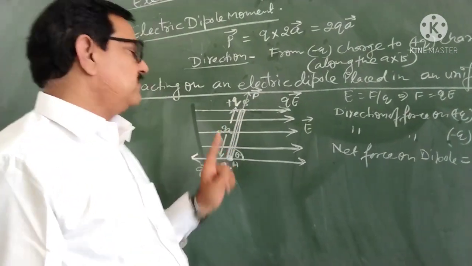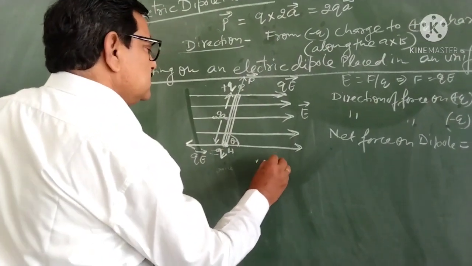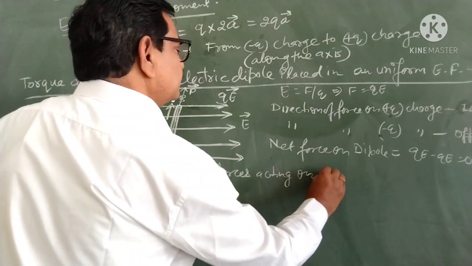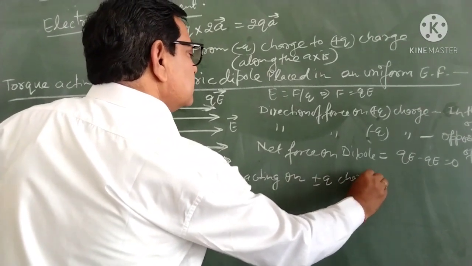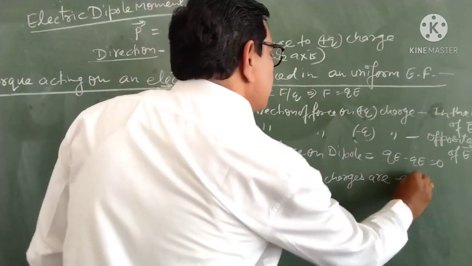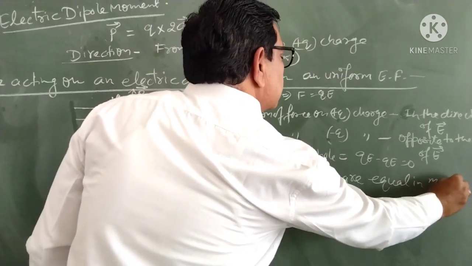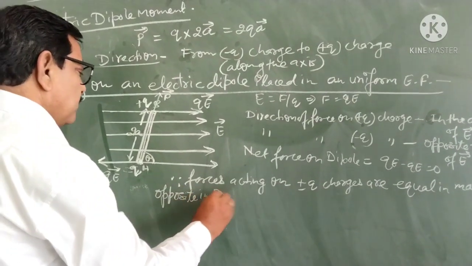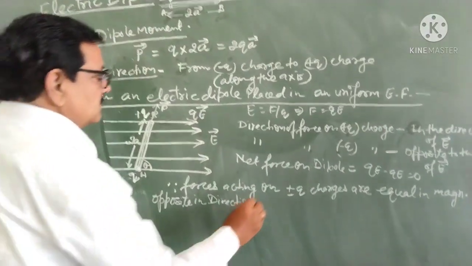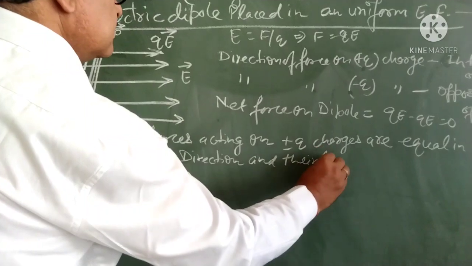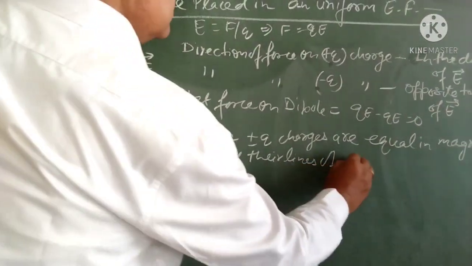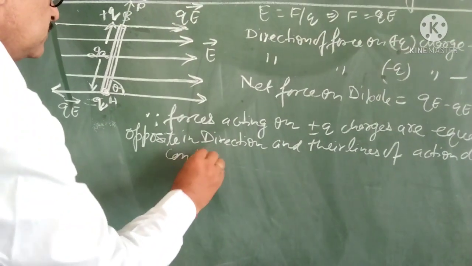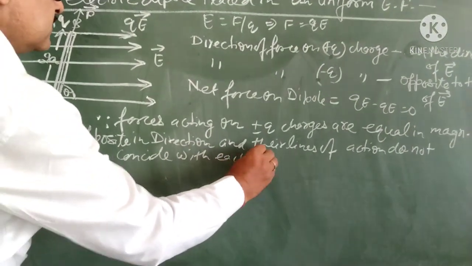We can write here, since forces acting on charges plus q, minus q are equal in magnitude but opposite in direction, and their lines of action do not coincide with each other.